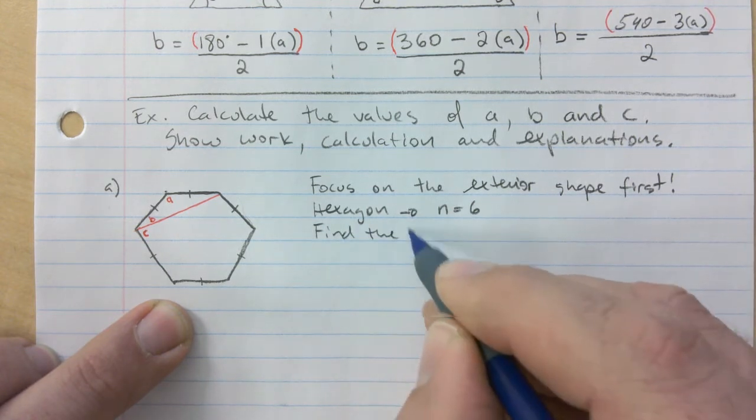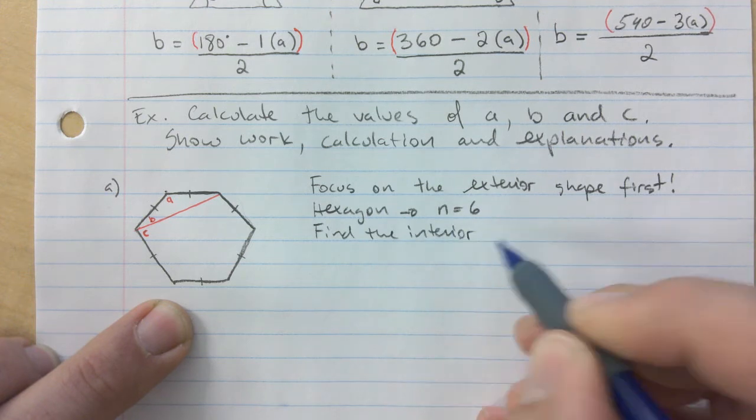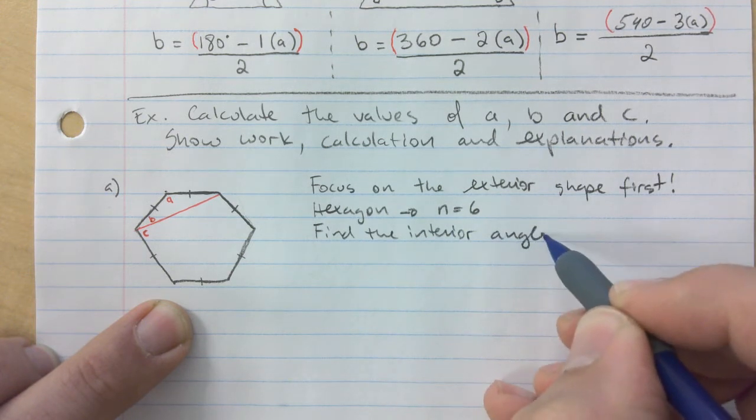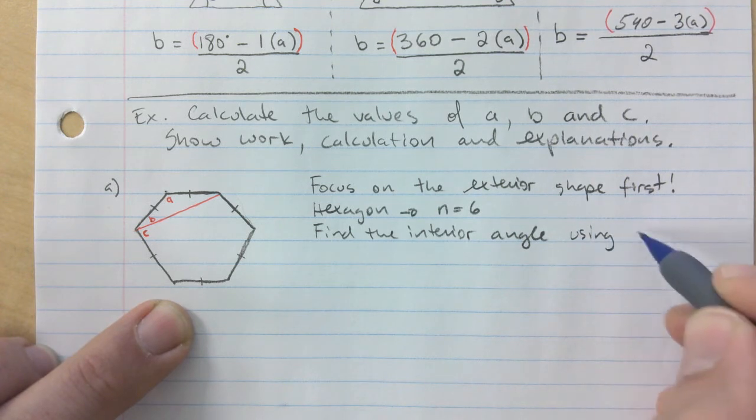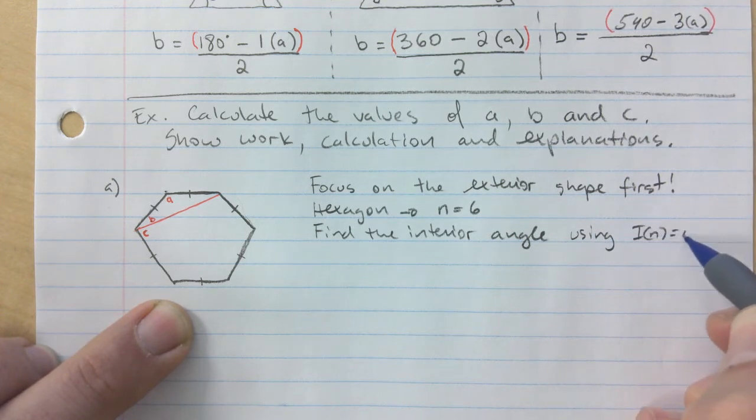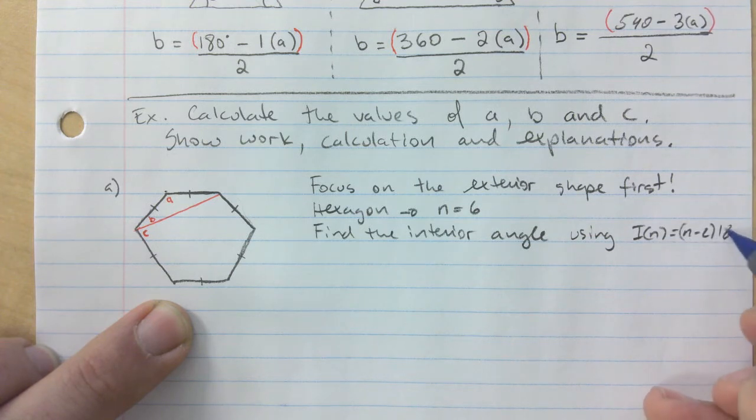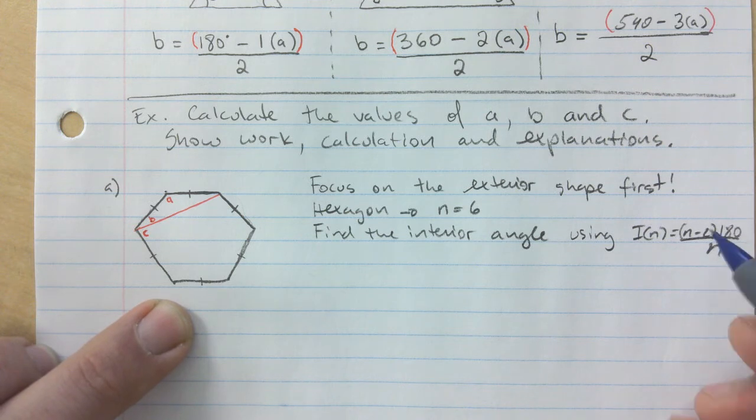Find the interior angle using I n is equal to n minus 2 times 180 over n. Okay, we're going to use this formula to come up with the interior angle.